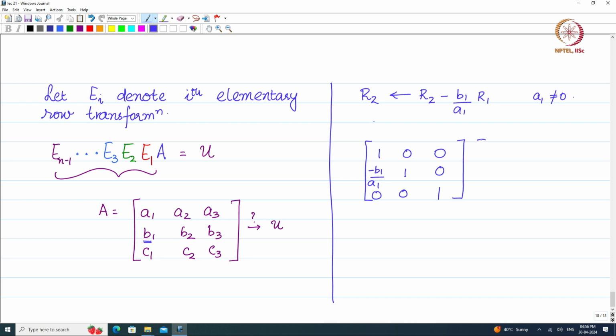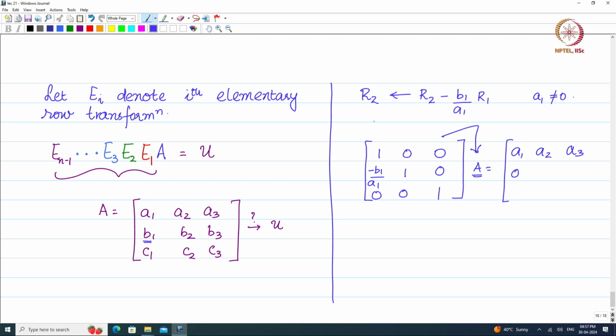If I apply this on the matrix A, I will actually get A1, A2, A3, the second row first component becomes 0, and the second row second component becomes minus B1 by A1 times the first row of the matrix A. You always remember this A matrix is sitting here; I am applying this on the A matrix.